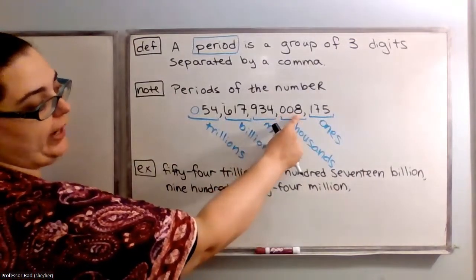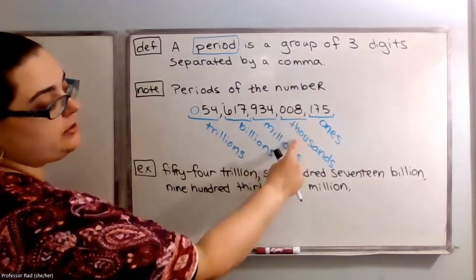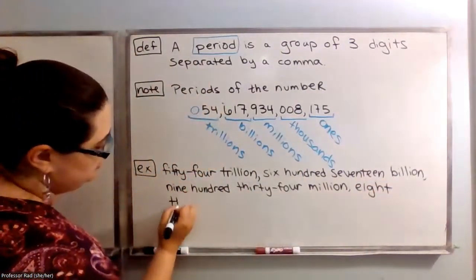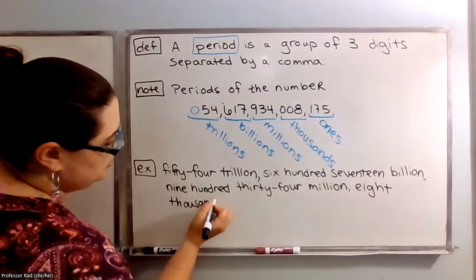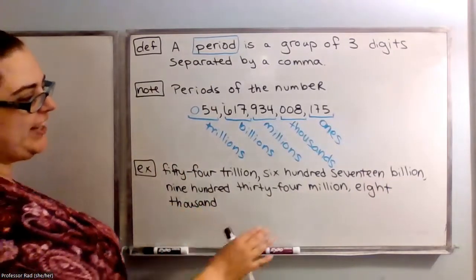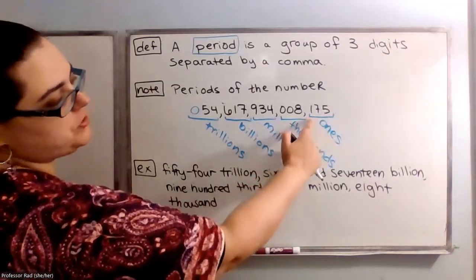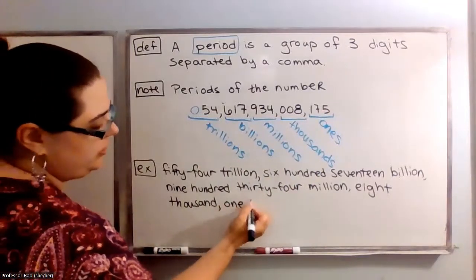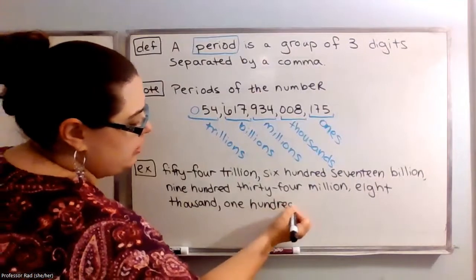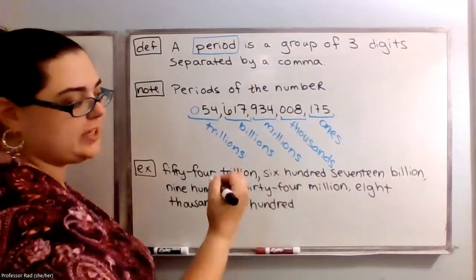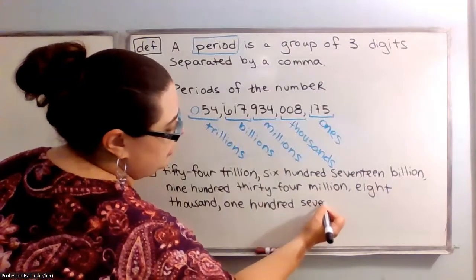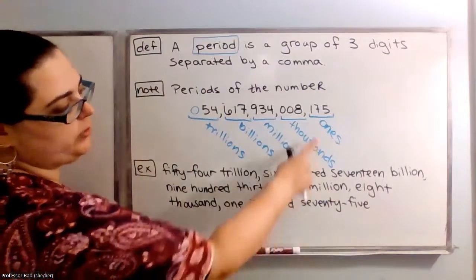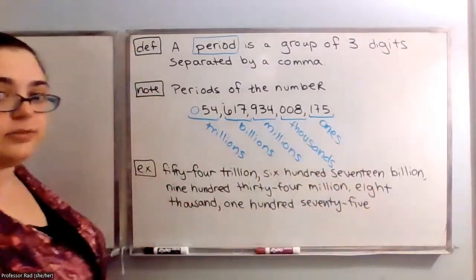Now here we have 008, so this is just 8,000. Almost done. And then we have 175. Put in my comma. 175 is a dumpty-dum, kind of has that rhythm. So we have 70, hyphen 5. And when we get to the ones period, we just don't write the name at the end.